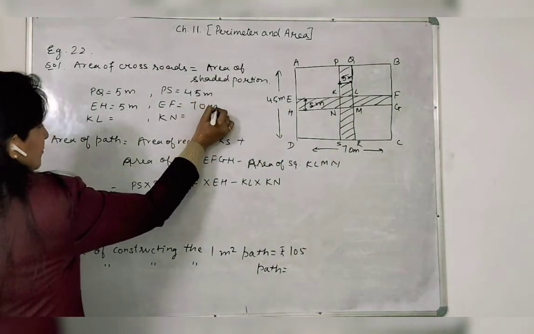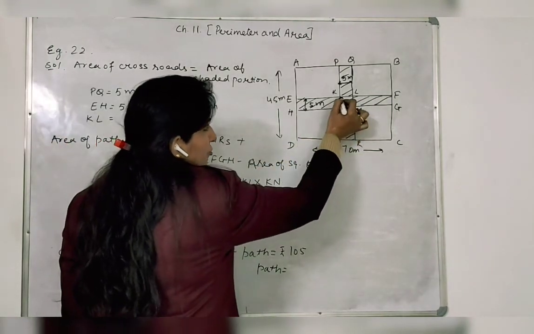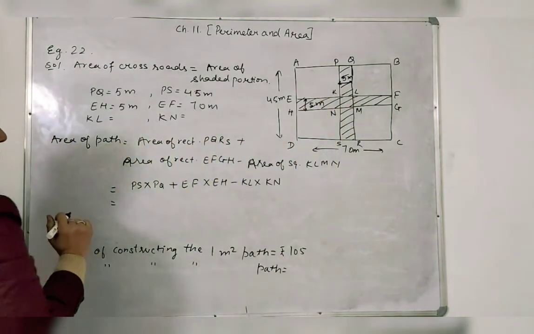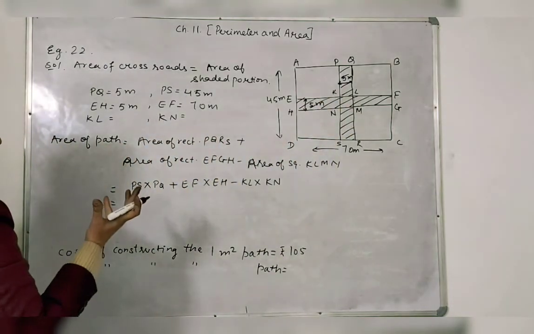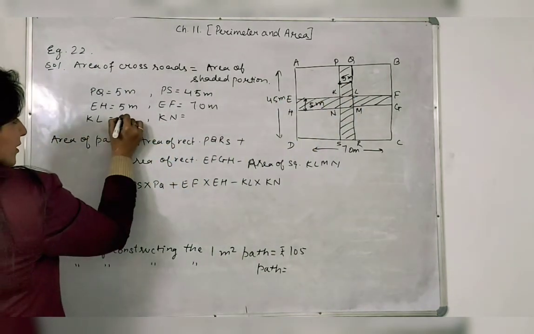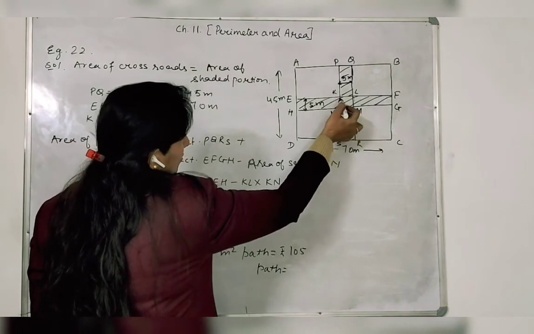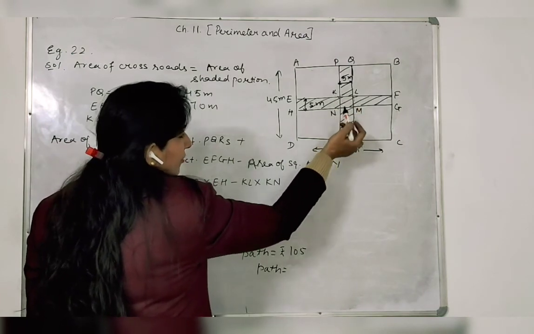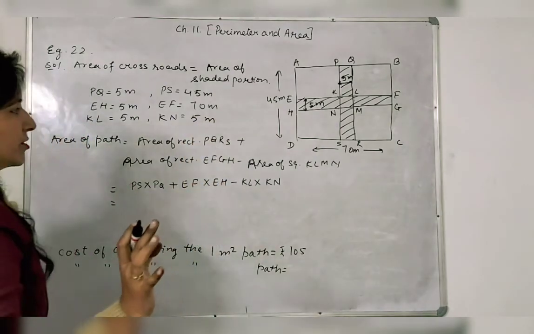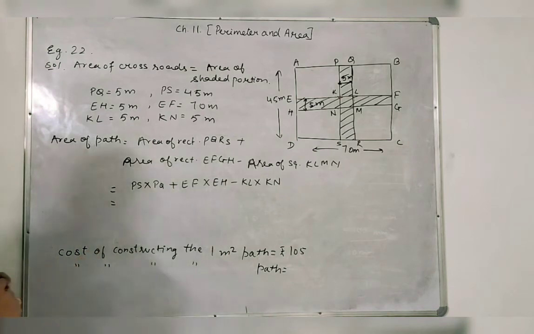Now as we are going to subtract the square, we should know the side of the square. So KL is what? KL is equal to the width of the crossroad, that is 5 meter. And as it is a square, KN is again the width of the crossroad, that is 5 meter. That's why KLMN is a square. So one side we require to calculate its area.